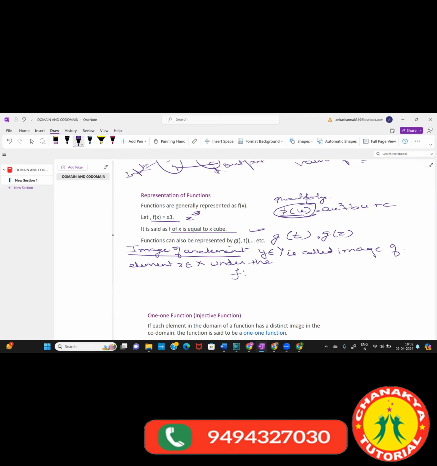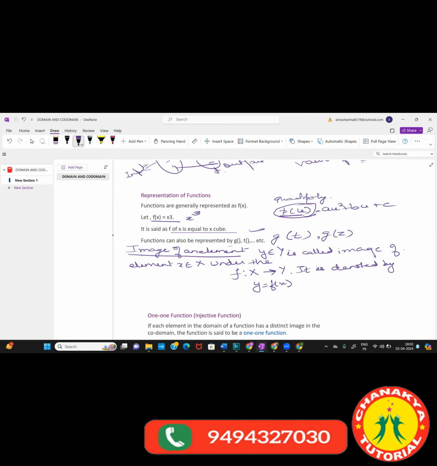Mapping means f is a function such that x tends to y, a function from set A to set B, or you can say set X to set Y. It is denoted by y is equal to f(x).